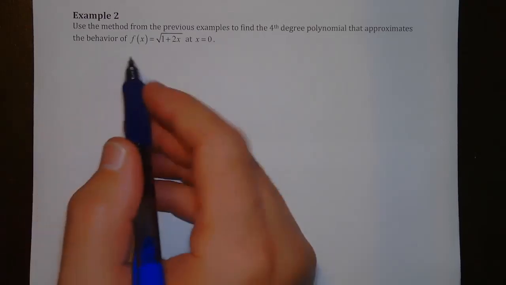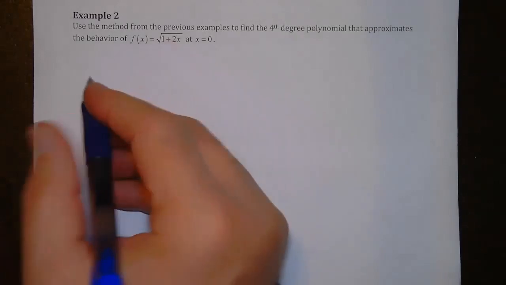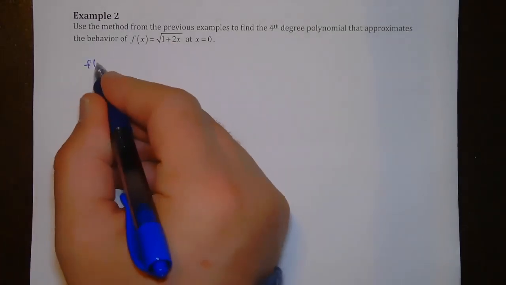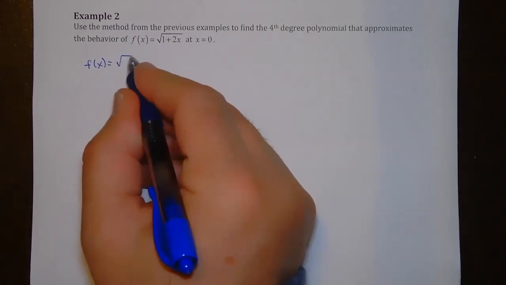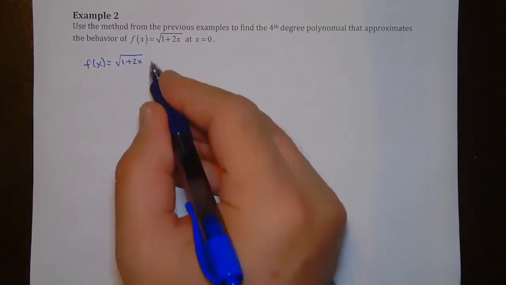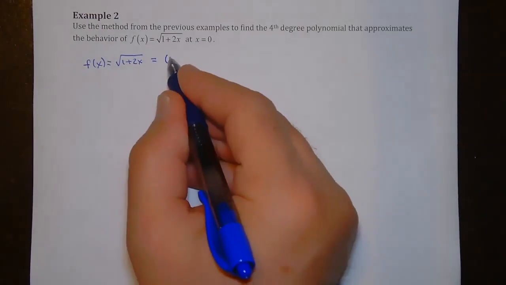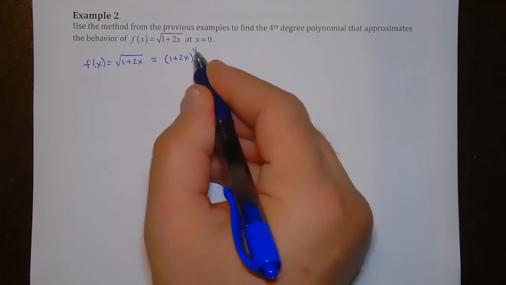All right, so right off, the 0th derivative, which is the function, f of x is equal to the square root of 1 plus 2x. And a better way of writing that to find the derivatives would be in parentheses 1 plus 2x raised to the 1/2 power.